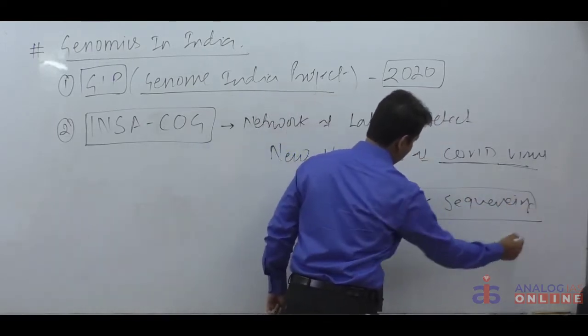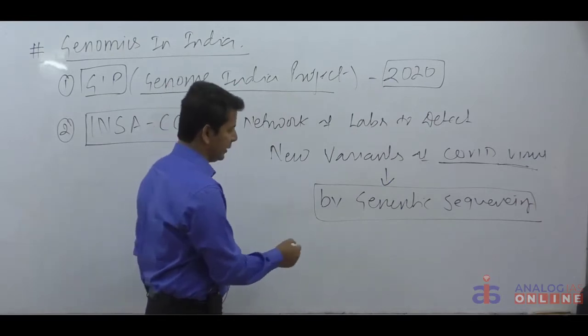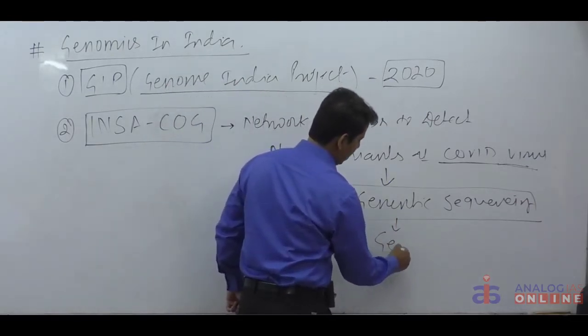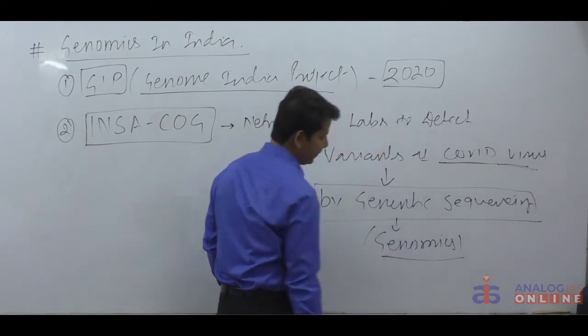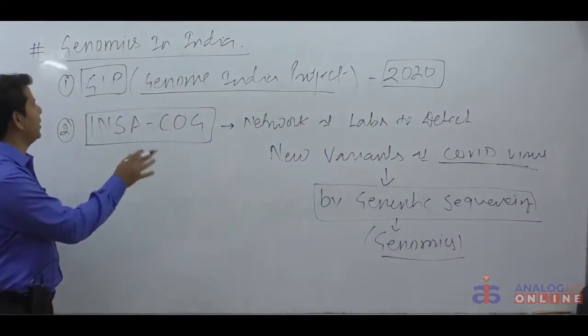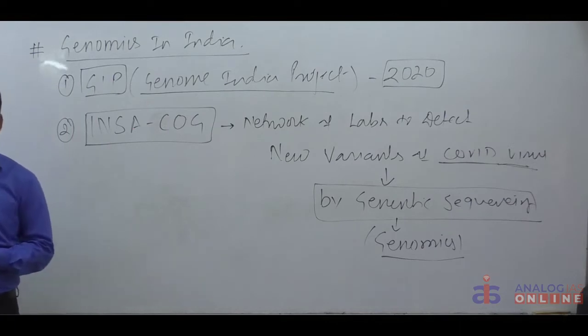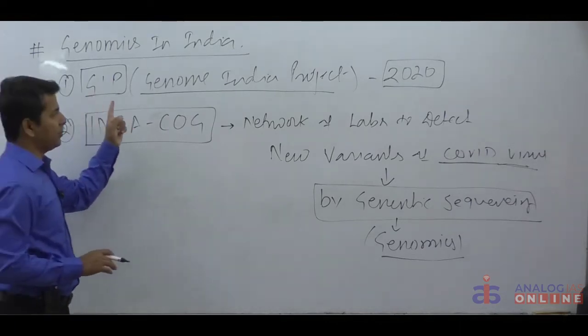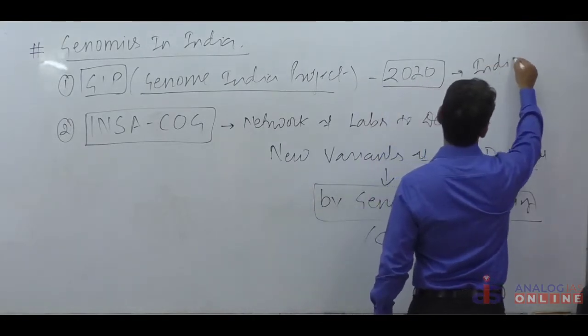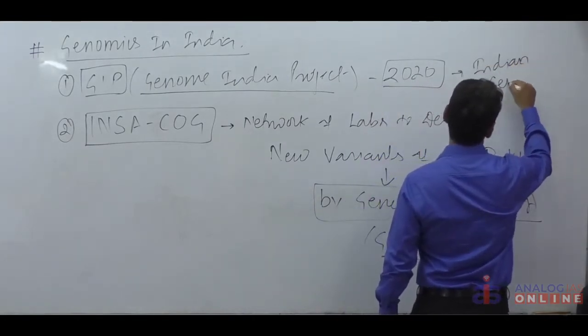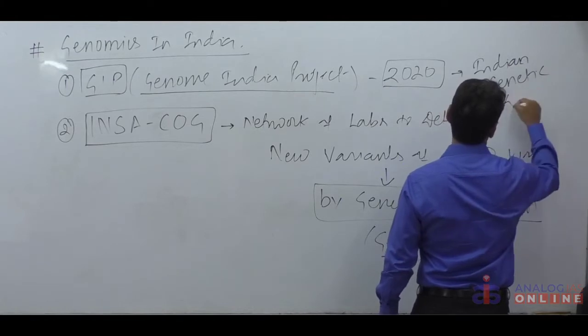And whenever we do genetic sequencing, it comes under genomics. What do we call it? Genomics. So that is how the entire thing is important. But again, GIP is for humans, Indians. Indian genetic reference.